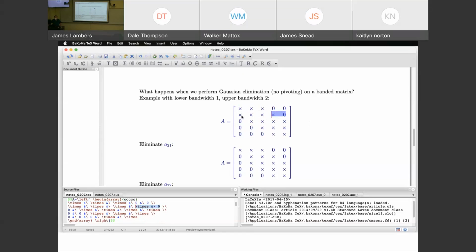You figure out your multiplier and multiply the entire first row by it, but with these entries being 0 up here, it won't touch what's down here. So the upper bandwidth is not affected by the row operation we just performed, and now my first column is done. Because the lower bandwidth was 1, there was only one entry below the diagonal in this column that had to be eliminated.